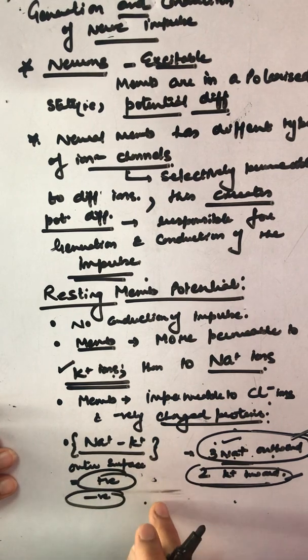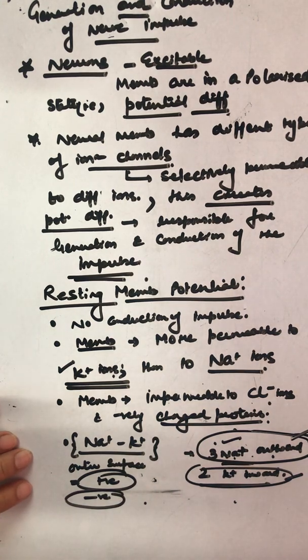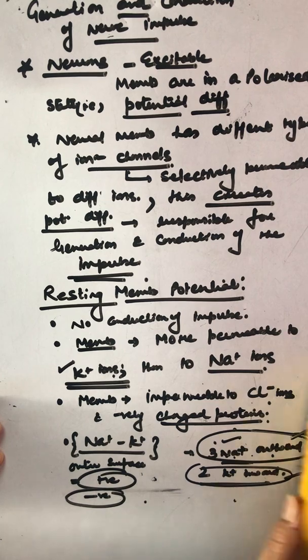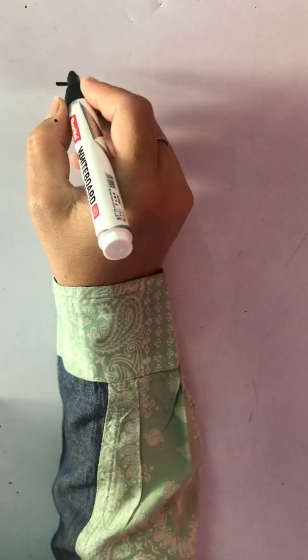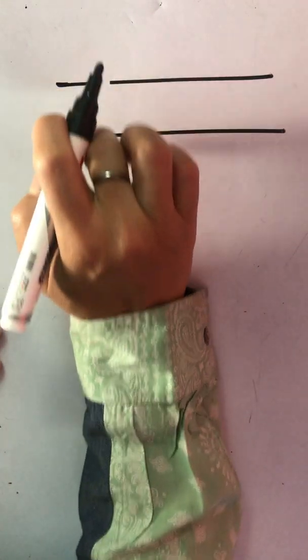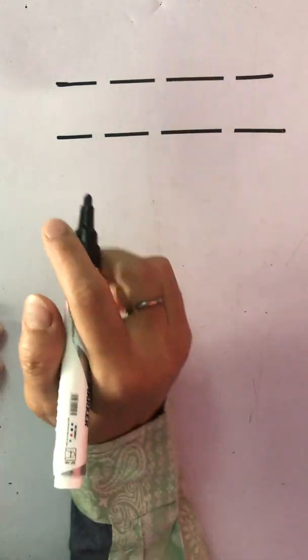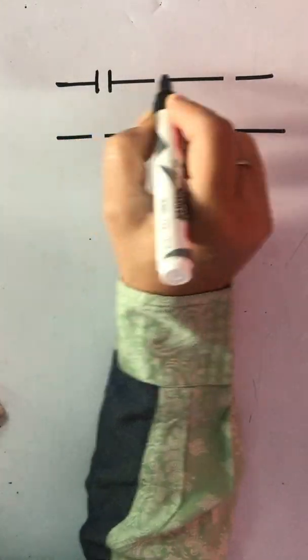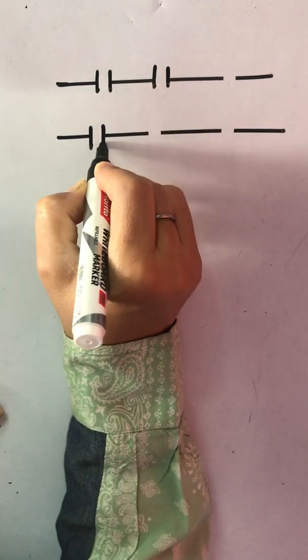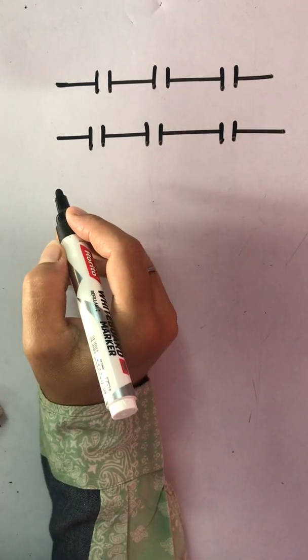Okay? And when this kind of potential difference is generated, we call it the resting membrane potential. Look, I'll draw it now. In this one, we have shown this pump here. First, here we are going to show the exchange pumps. Clear?